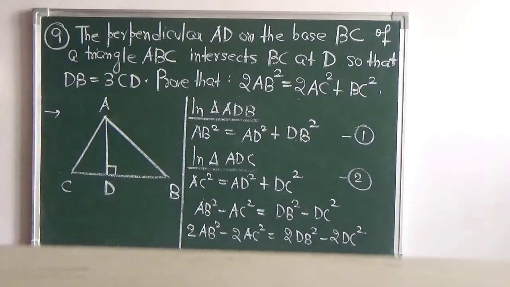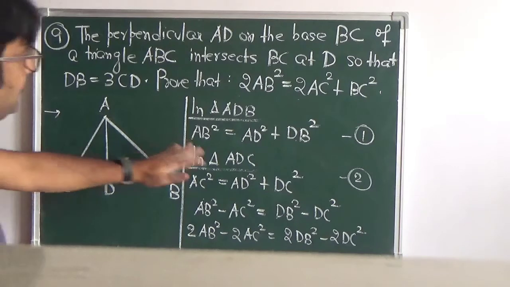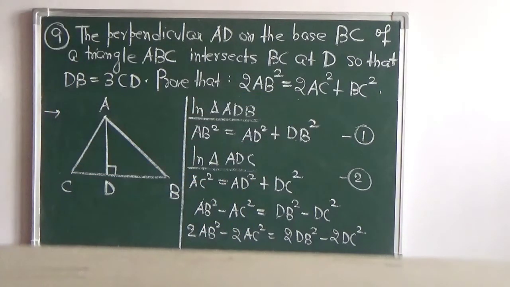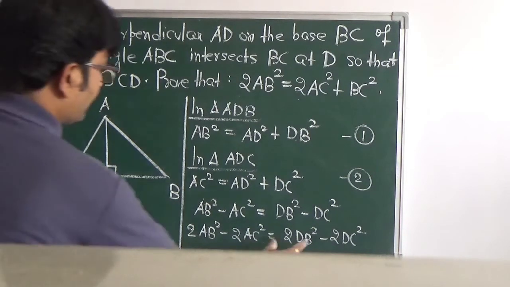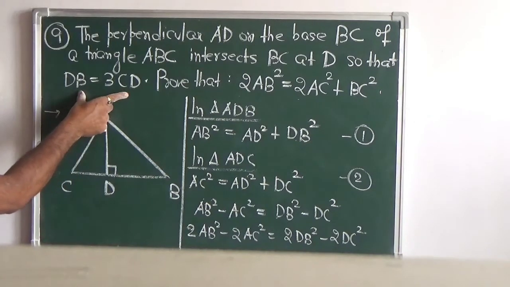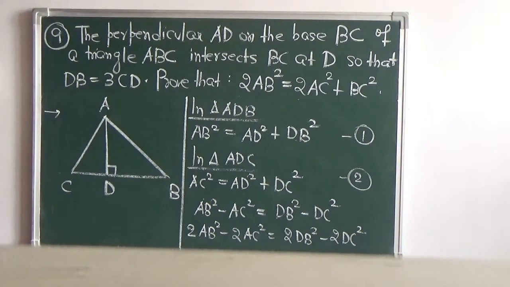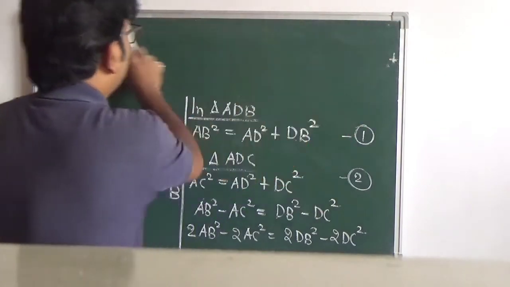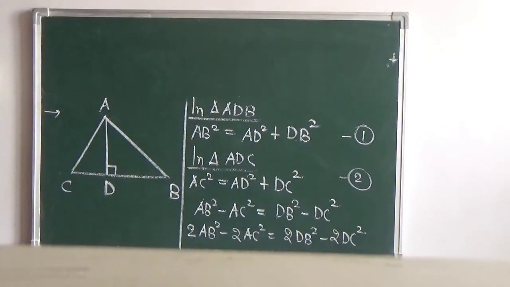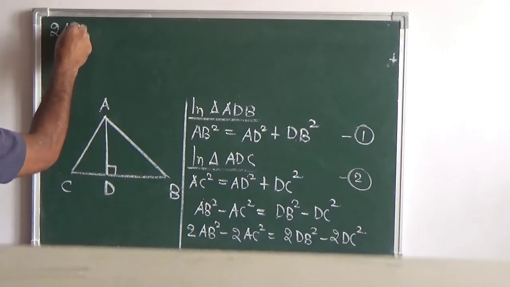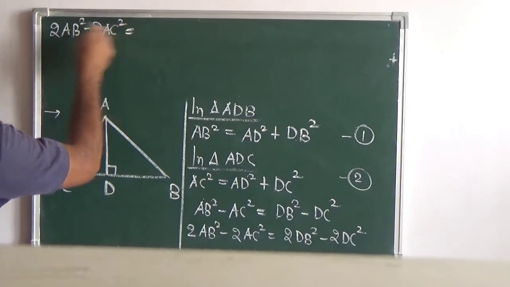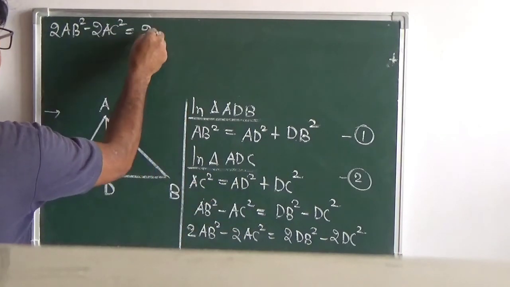Now looking into the question, we proceed accordingly. So now what is DB? In place of DB, we can write, it is given thrice of CD. So we have twice AB square minus twice AC square, and twice DB square.